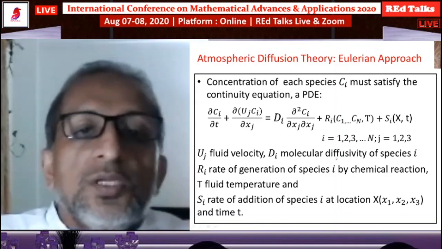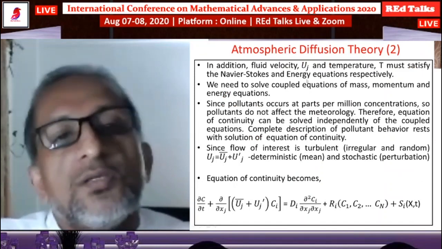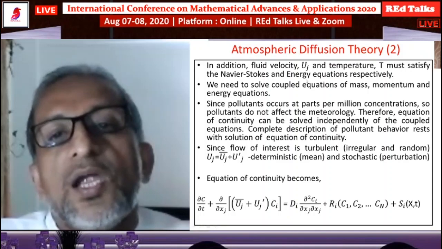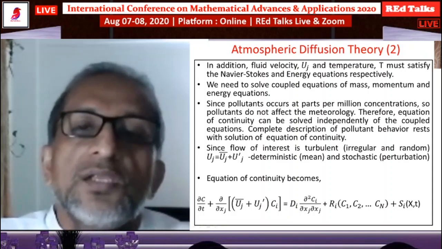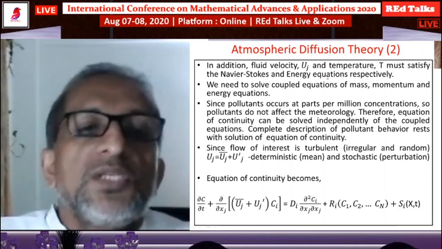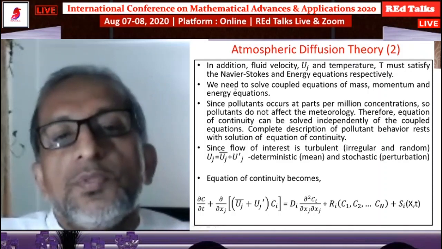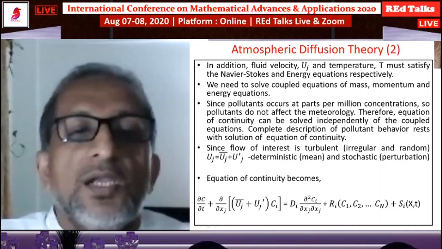In addition to the continuity equation, the fluid velocity uj and the temperature T must satisfy the Navier-Stokes and the energy equation respectively. That means we need to solve the coupled equations of mass, that is continuity, momentum, and energy.